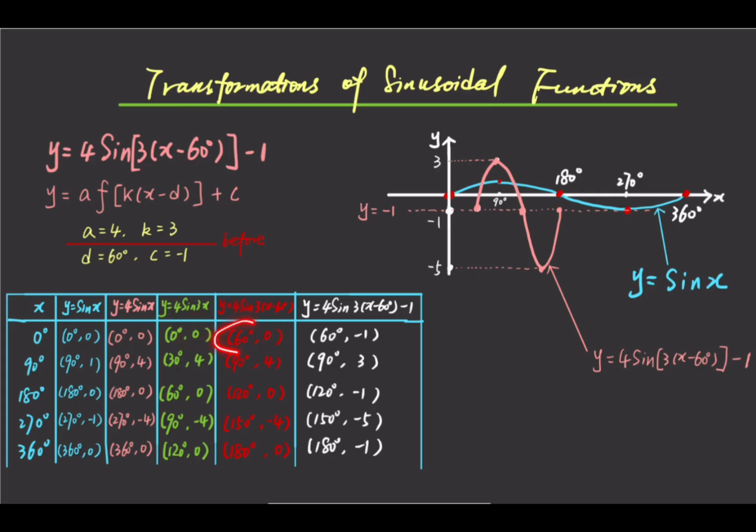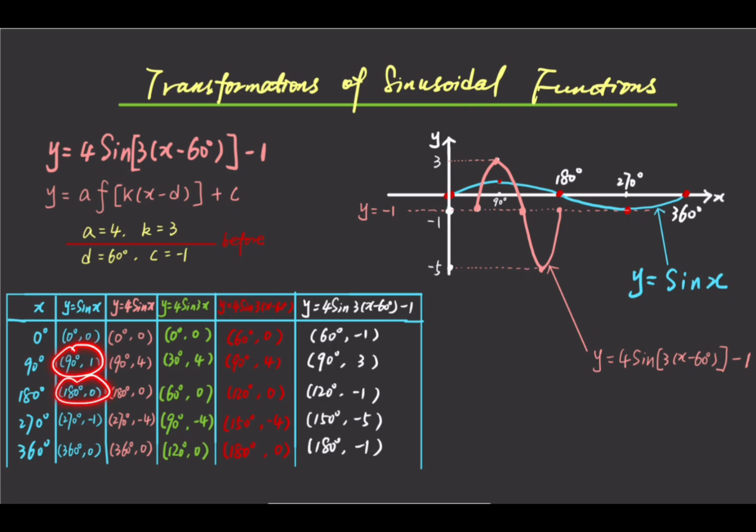After this, you want to figure out this point's image point on this final transform function. Comparing this function and this function, you will find out the x-coordinate should be kept unchanged. You just need to move the y-coordinate downwards by 1 unit. Minus 1 means moving downwards by 1 unit. So x-coordinate will be the same, but y-coordinate will be minus 1.